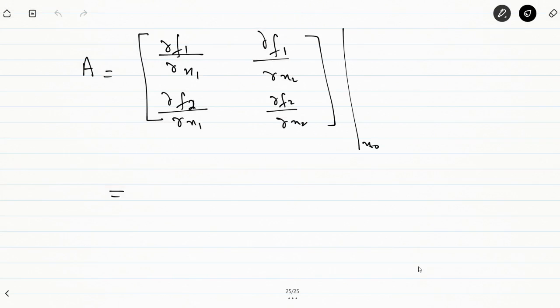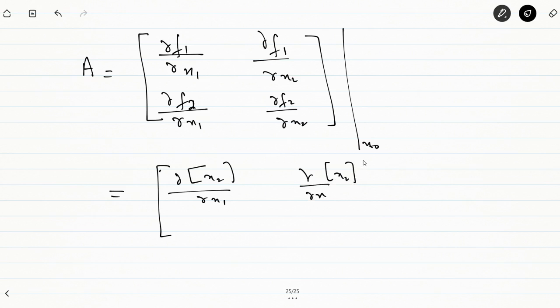So once you have f1 dot equal to x2, that means x2 is our equation on the right-hand side. Deriving with respect to x1, the partial differentiation of x2 with respect to x1, and this is delta x2 divided by partial derivation of function number 2, delta f2 divided by delta x1.